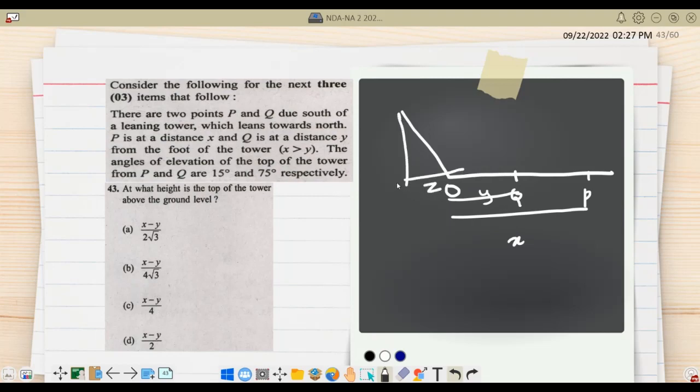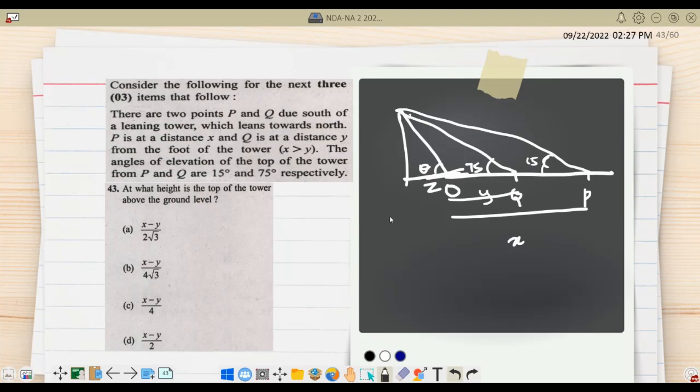For solving purposes, we are going to take this as z. We are going to keep this as theta, right? Fine. So this is going to be 75 degrees. The angle of elevation of P is 15 and of Q is 75.